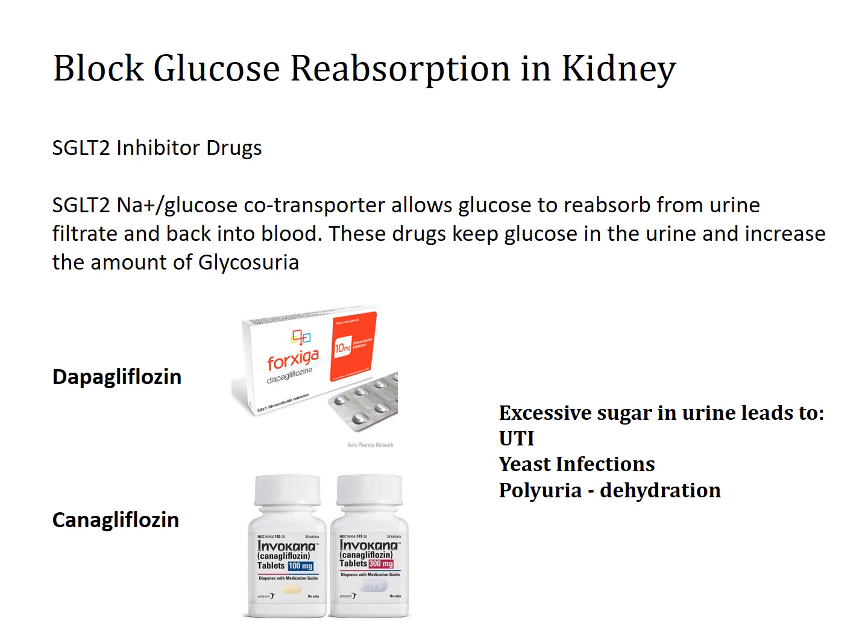We filter glucose, right? When we're making urine, we're filtering glucose out of our blood. But SGLT2 brings that glucose out of the filtrate and back into blood. We don't want to pee our glucose out. We want to hold on to glucose because it's a necessary nutrient.